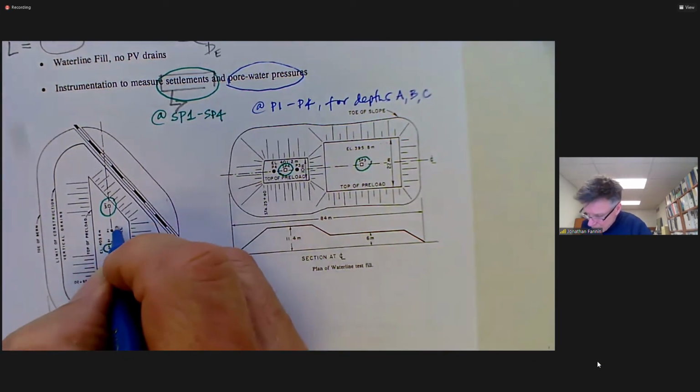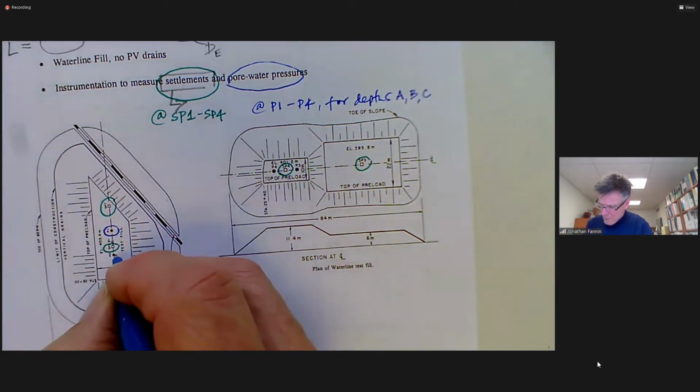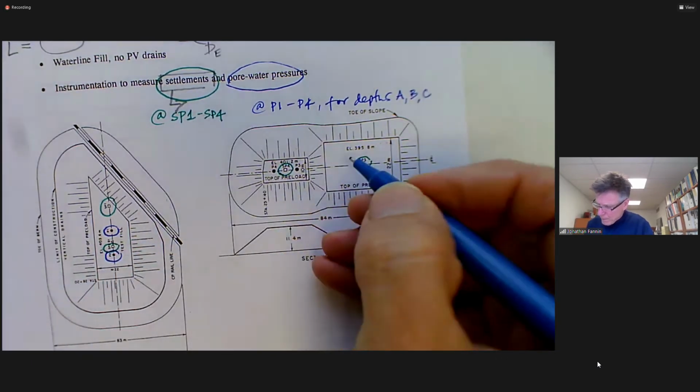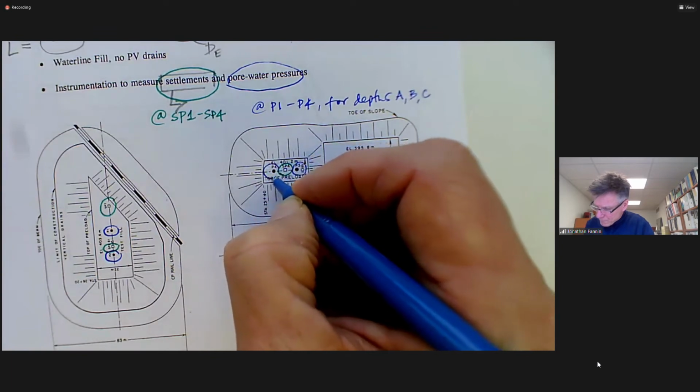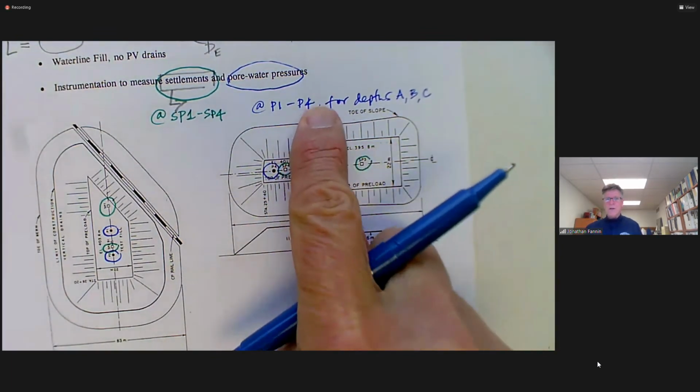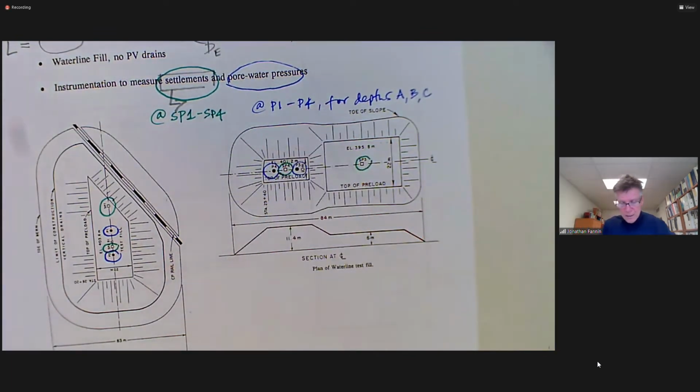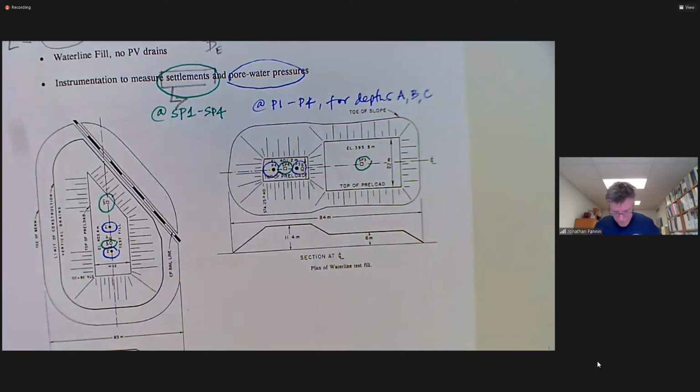And there's P1, there's P2, there's P3, and there's P4. In principle, we could, but it doesn't work out that easily, get the degree of consolidation from the pore water pressures.